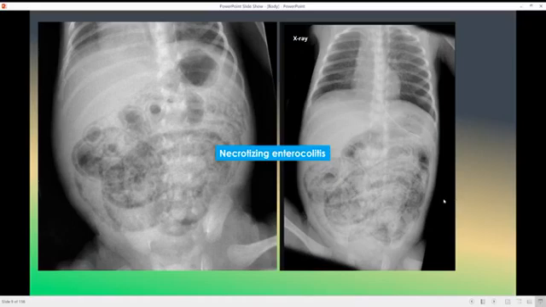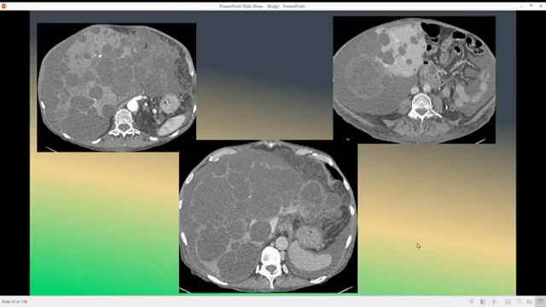We move to the next case. What do you think the patient has in the next case?